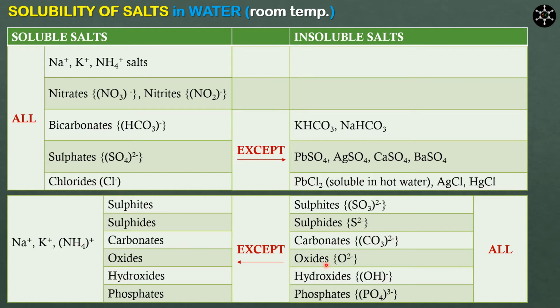All oxides are insoluble in water except sodium, potassium and ammonium oxides. All hydroxides are insoluble in water except sodium, potassium and ammonium hydroxides. All phosphates are insoluble in water except sodium, potassium and ammonium phosphates.